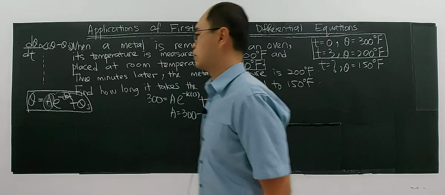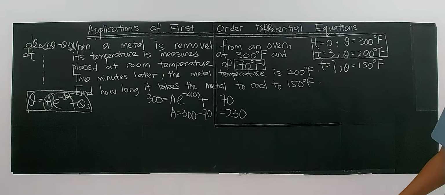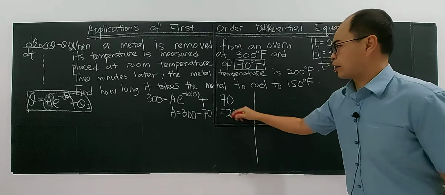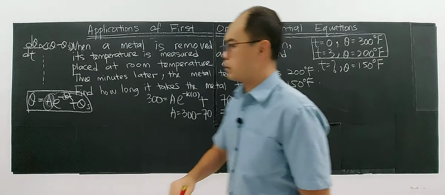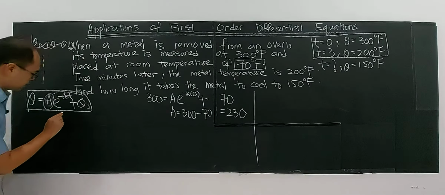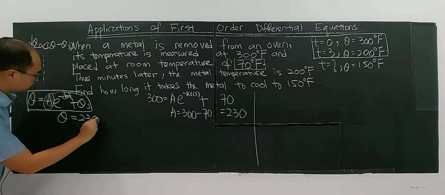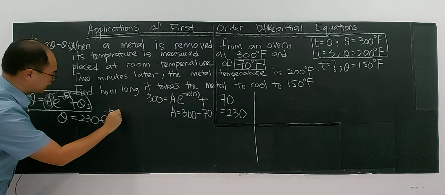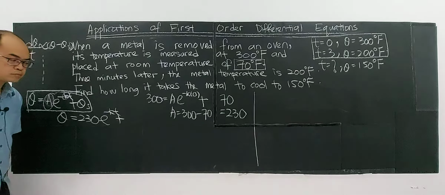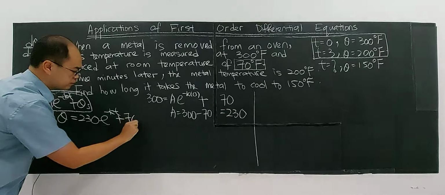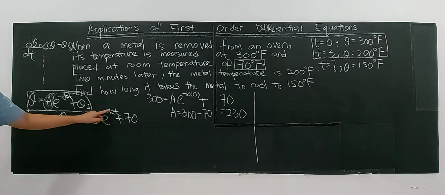Now we substitute, as we proved the formula, to become theta equals A, which is 230 e^(-kt) plus 70. So you want to find the value of k.